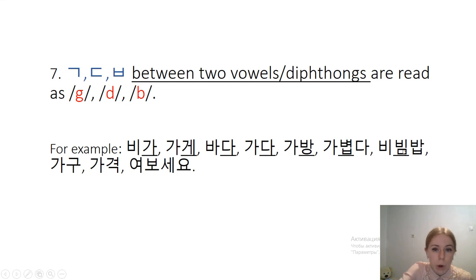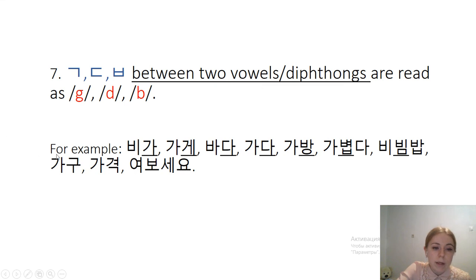Because there are not two vowels, but one vowel and one consonant, m and a. And this p is in the middle of one vowel and one consonant. That is why we read this word like bibimbap, p, a, p, pap, bibimbap.